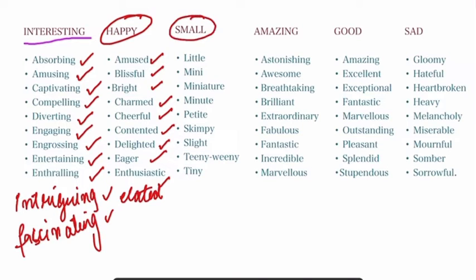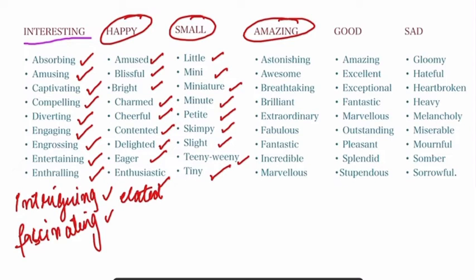Next word is small. So the synonyms for small are little, mini, miniature, minute, petite, skimpy, slight, teeny weeny, and tiny. So all of these are the vocabulary words which you can use in place of small. Now the next one is amazing.